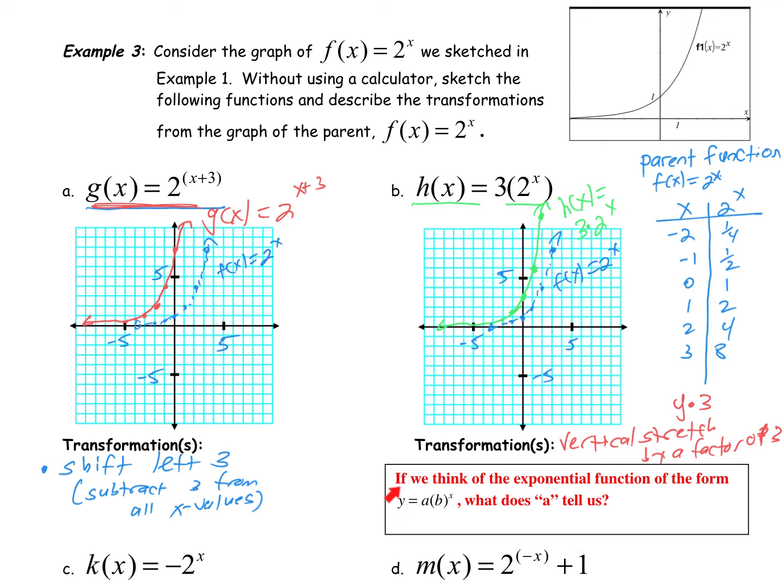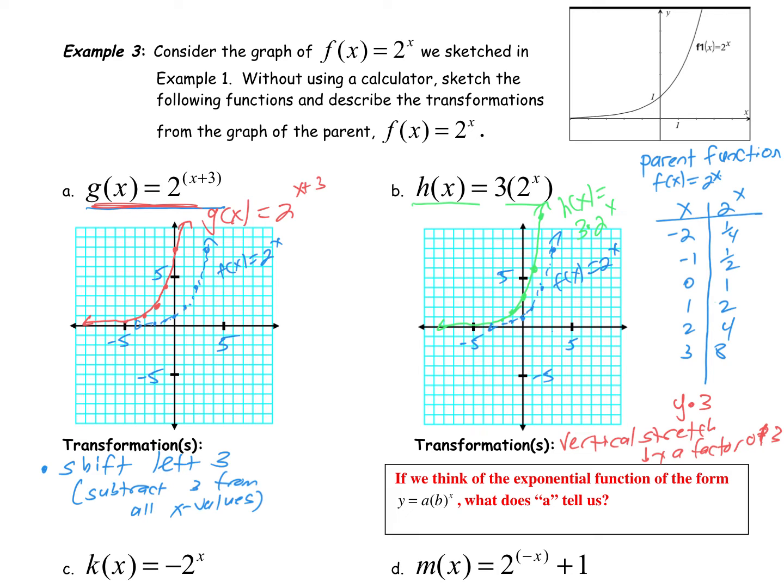So here it says, if we think of the exponential function of the form y equals a times b to the x, what does the a tell us? We just saw that a is the vertical stretch factor. So in h of x, when a is 3, we had a y-intercept of 0, 3, and that's going to be the case for any exponential function of this form.